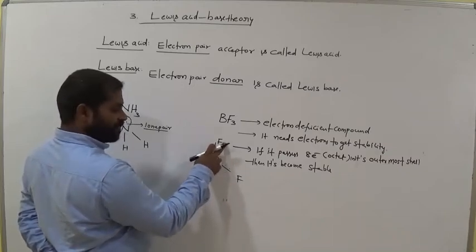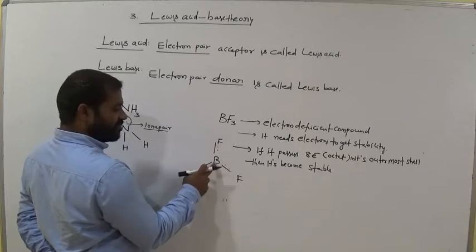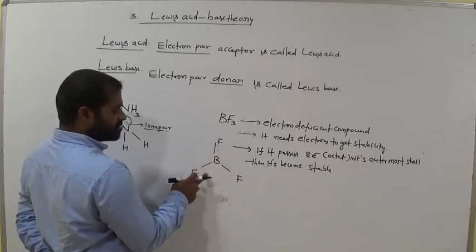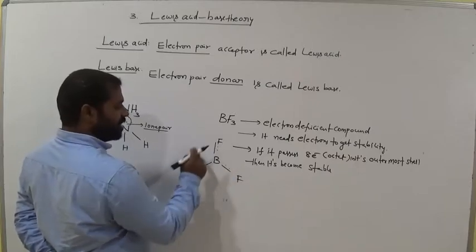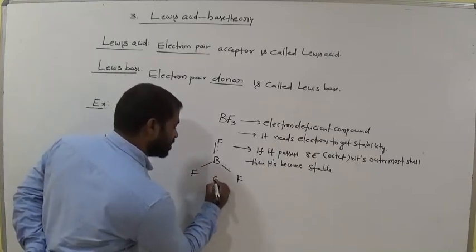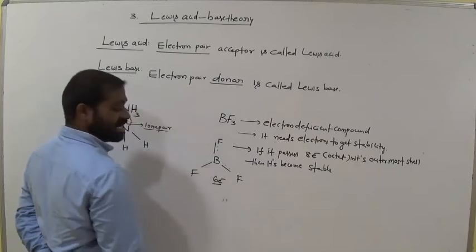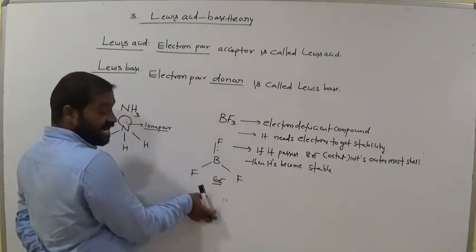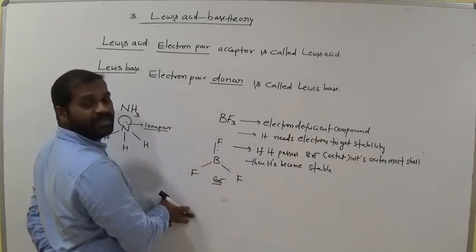Here it is 1 electron from fluorine, 1 electron from boron. Here also the same. Now totally how many electrons in BF3? Only 6 electrons. If it is 8 electrons, then this molecule becomes stable.